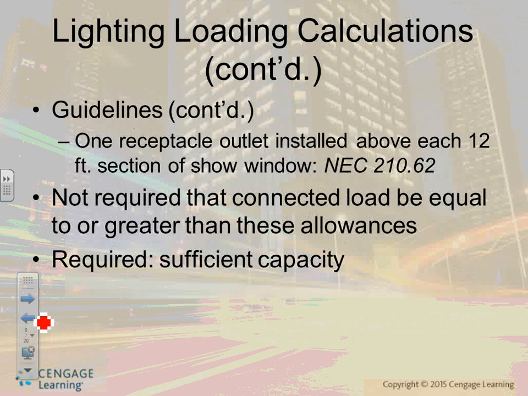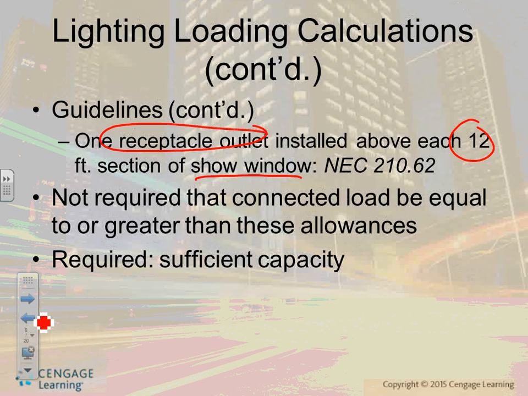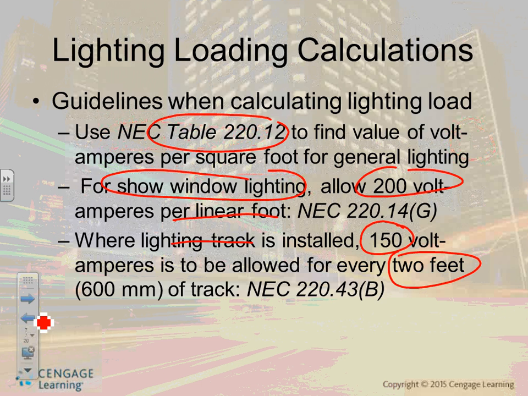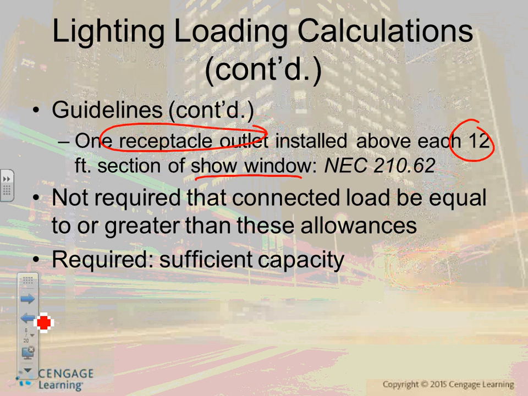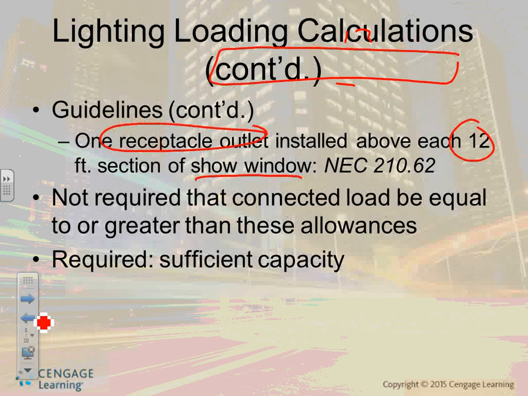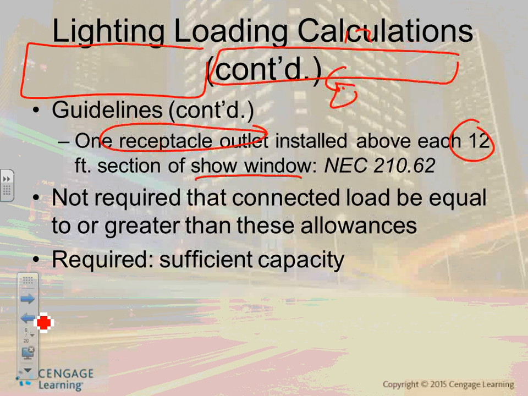The NEC code book, guys, also requires you to have a receptacle outlet for the show window, each 12 feet. So if you have a show window and you calculate, we know how to calculate the show window, right? Show windows, we have 200 volt-amps per linear foot. And when you design it, every 12 feet you have to put a receptacle so they can plug in. Another 12 feet here, put a receptacle so they can plug these show windows.